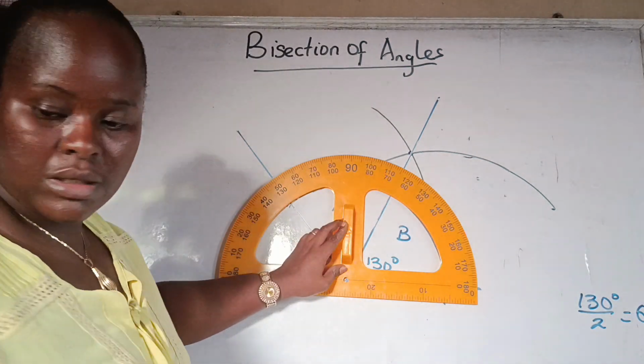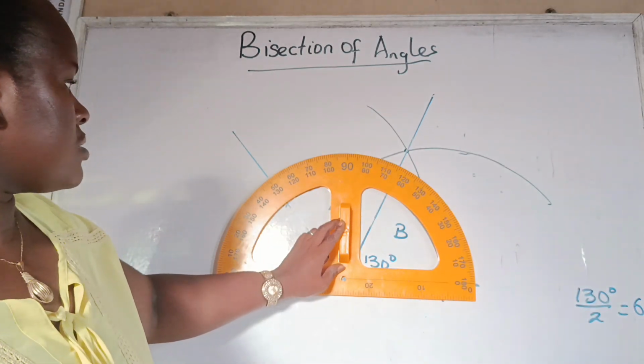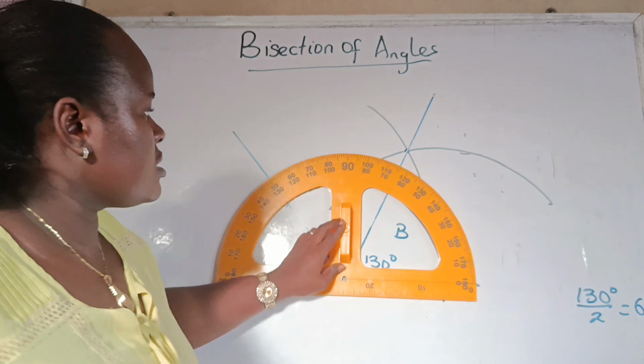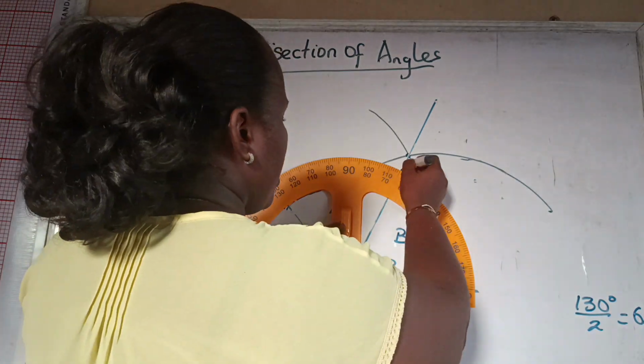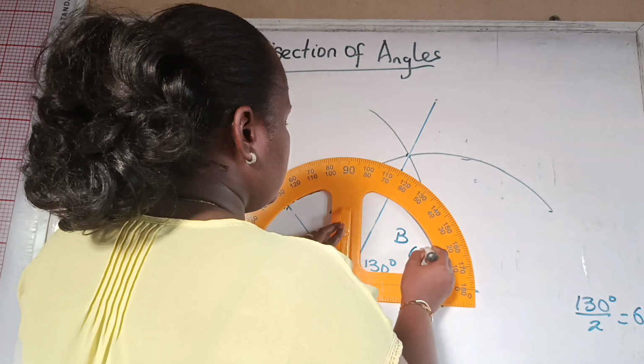Now watch where it is. This is our line of bisection. It is at 65 degrees.